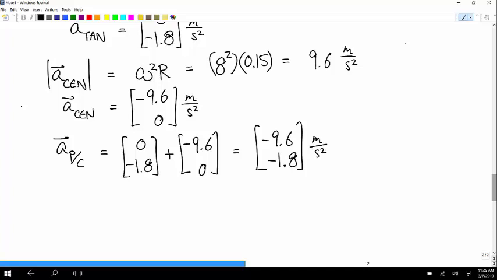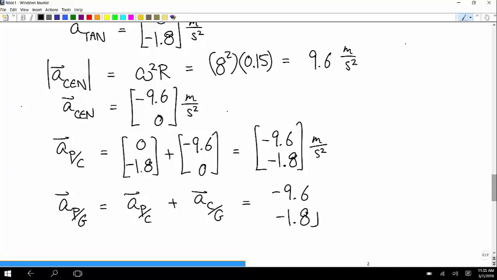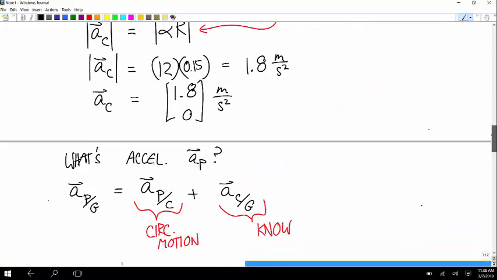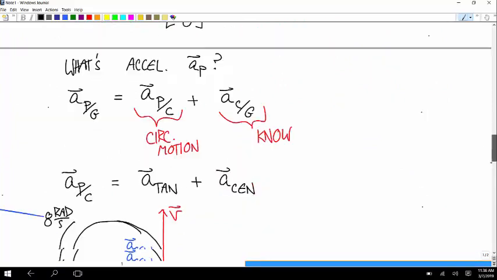And now we can go back to the relative motion equations. The acceleration of P relative to the ground, that's what we're looking for, is equal to the acceleration of P relative to the center plus the acceleration of the center relative to the ground. Acceleration of P relative to C is what we just got. Acceleration of C relative to the ground is what we had earlier, 1.80.